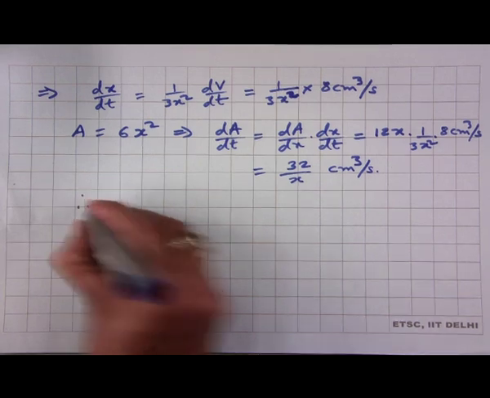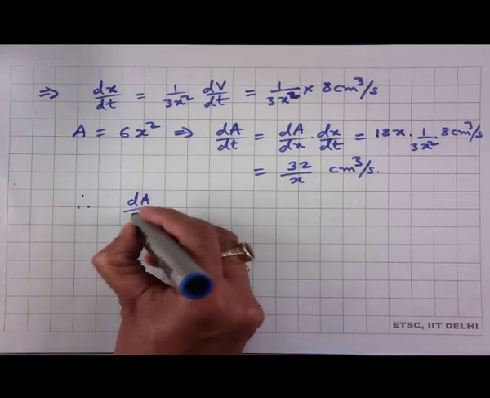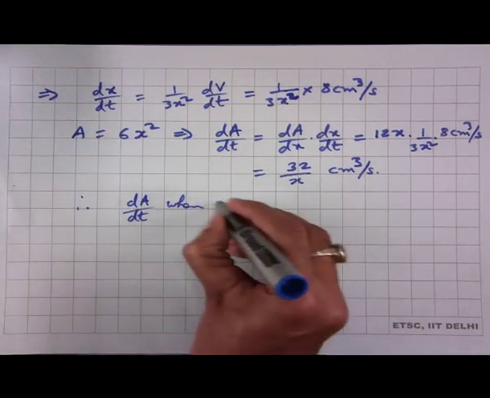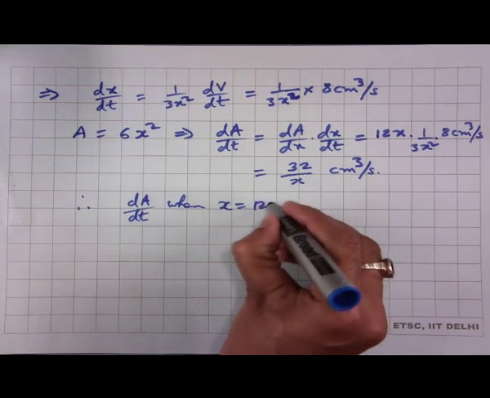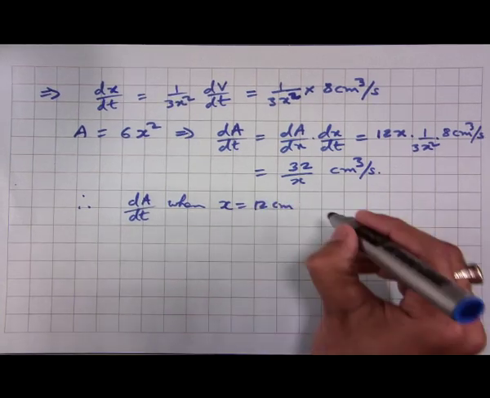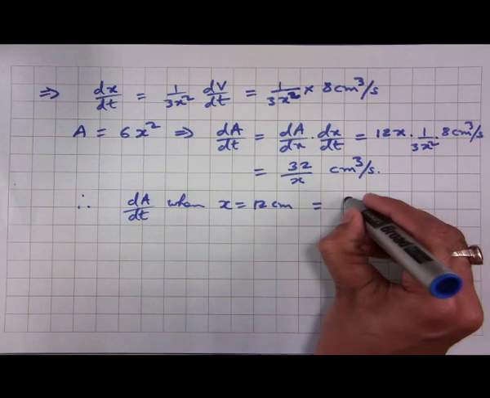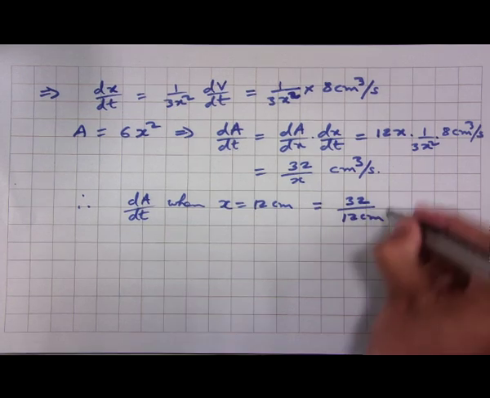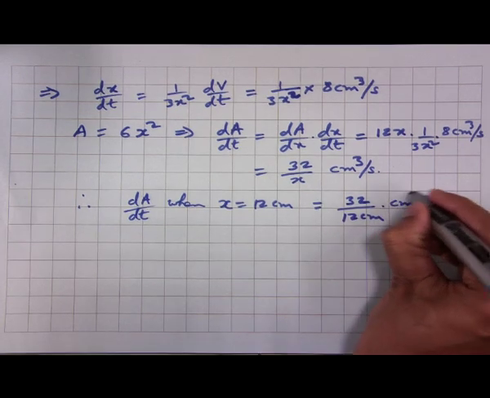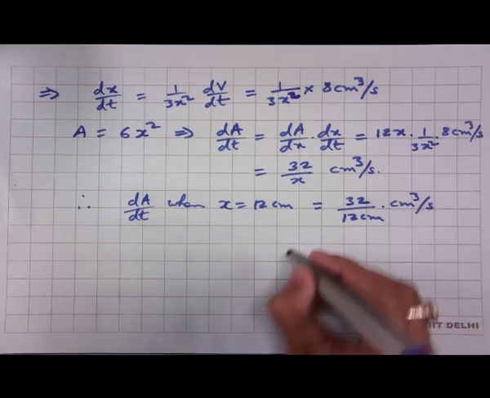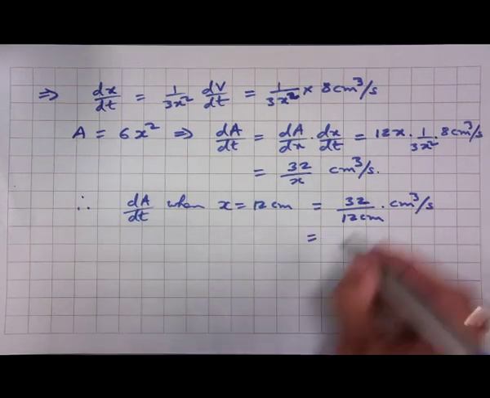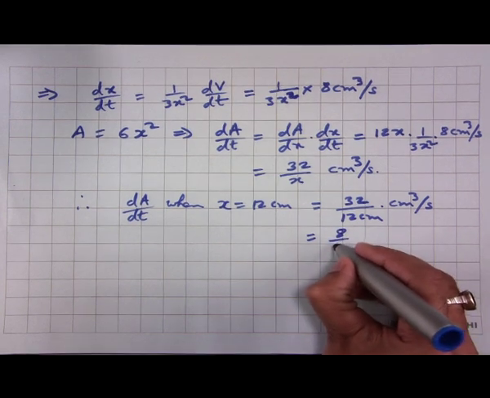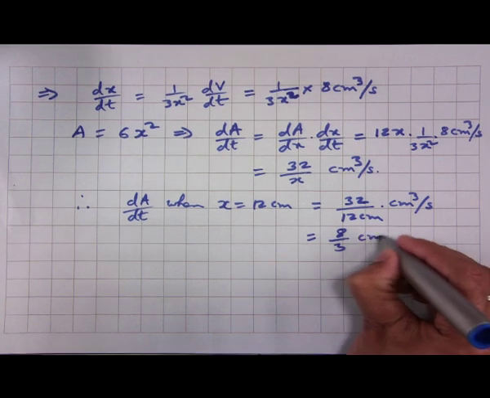So, therefore, what we have to calculate is dA/dt when x is equal to 12 centimeter, which is equal to 32 by 12 centimeter cube per second. So, this is equal to 8 by 3 centimeter square per second.